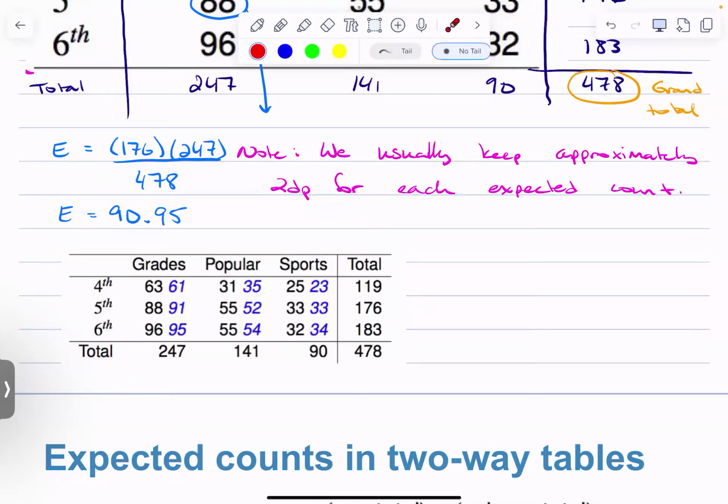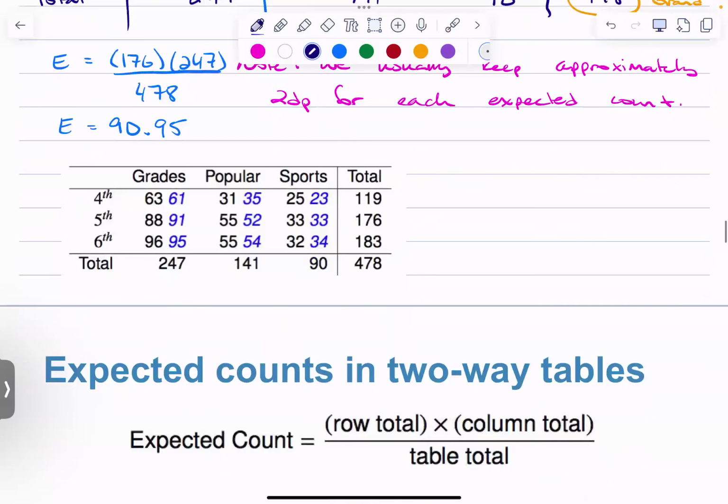So these are the expected counts. And when I scan these, none of these are cause for alarm. These are all greater than 5. So these are the expected counts.